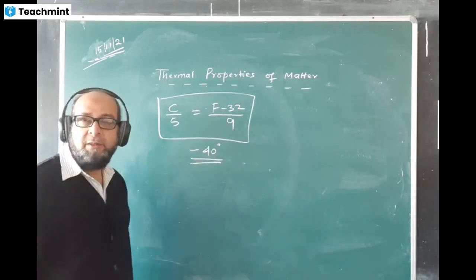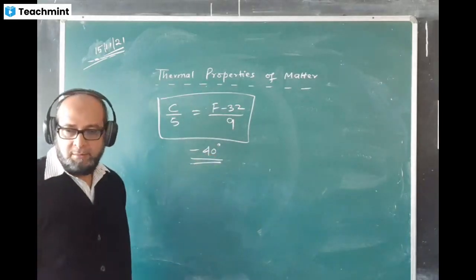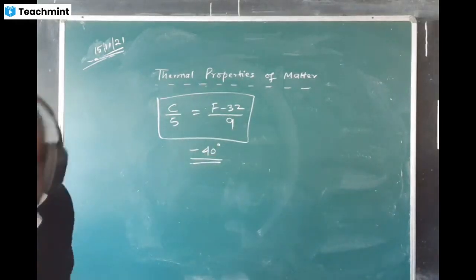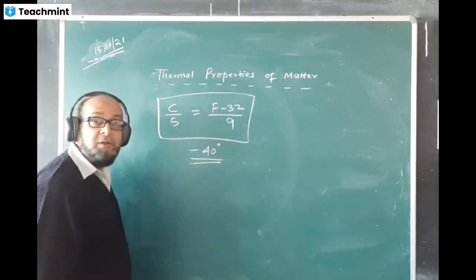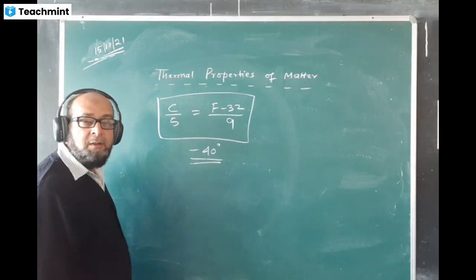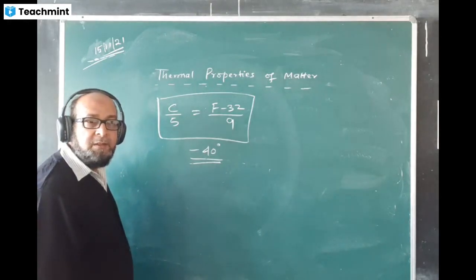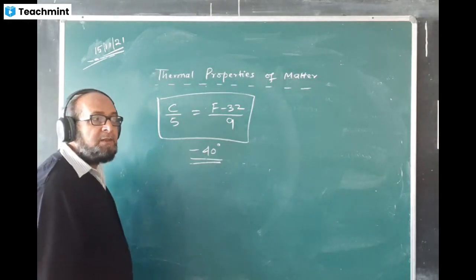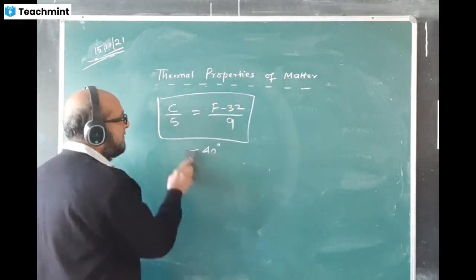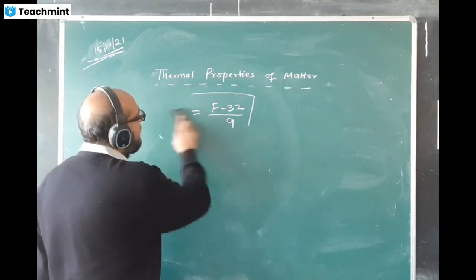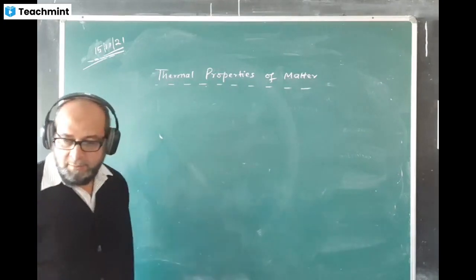Your answer will come out as minus 40. I will not go into that, but you have to know this. It is general knowledge. So minus 40 degrees Celsius is the same as minus 40 degrees Fahrenheit.